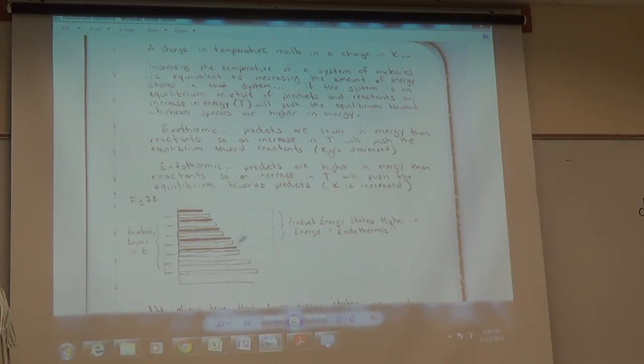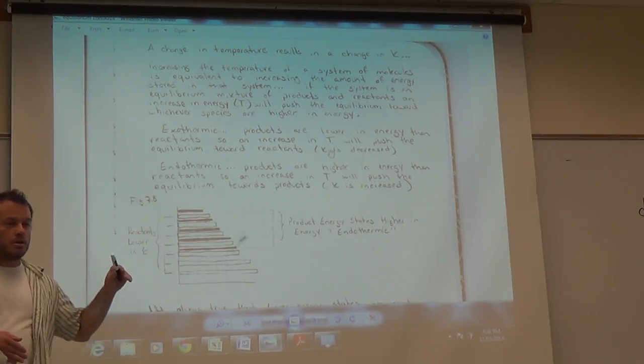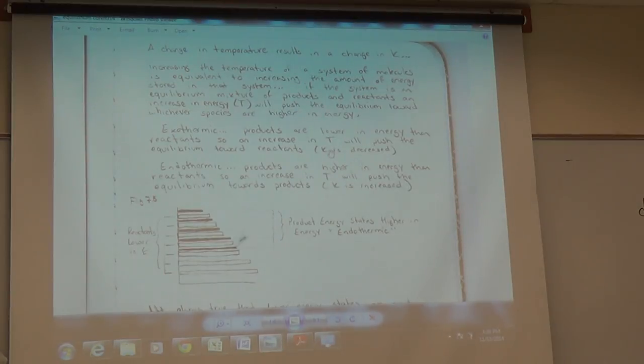So if we have an exothermic reaction, and we increase the total energy of the system, if the system is an equilibrium system, where there's a readiness to move between one kind of species and another, then the species with higher energy will be populated. And so increasing the temperature on an exothermic system will shift the distribution of molecules towards the higher energy reactants, which is the same thing that Le Chatelier's principle told us.